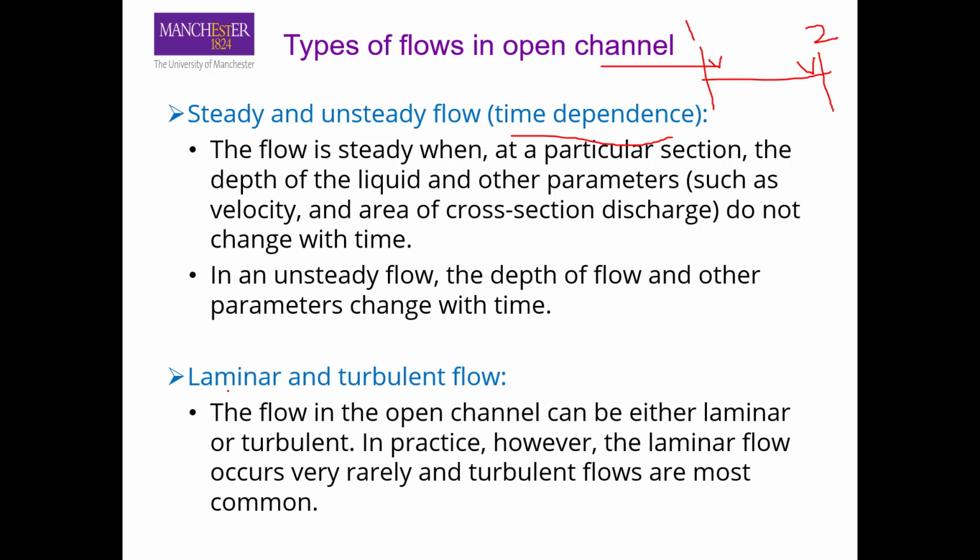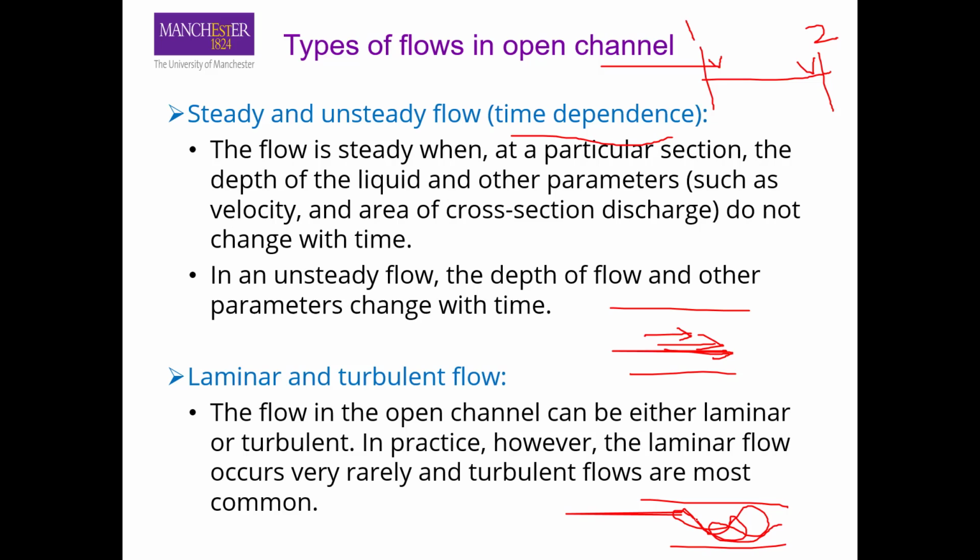Similarly to pipe flows, we can also have laminar and turbulent flow. And if you remember, when you have a laminar flow, the layers or the particles of the fluid don't intermingle. They travel in a straight line. And for turbulent flow, you have quite a bit of intermixing between the particles.